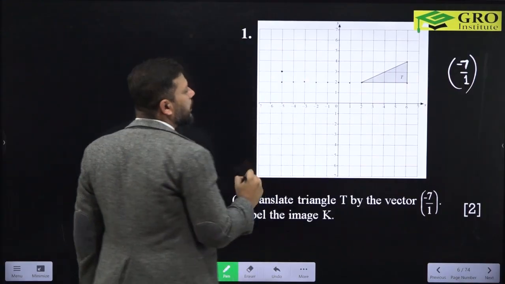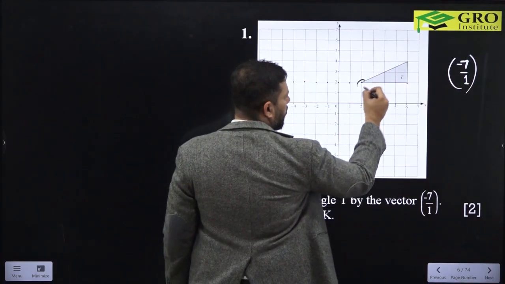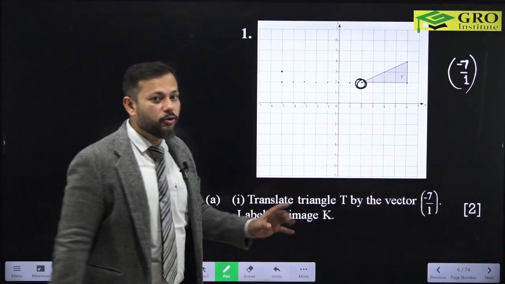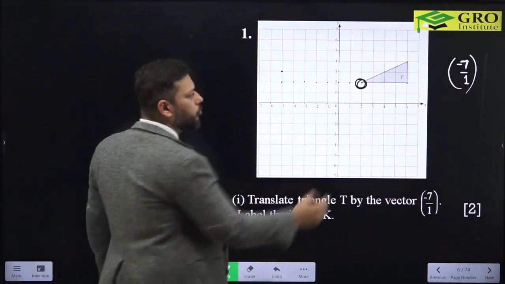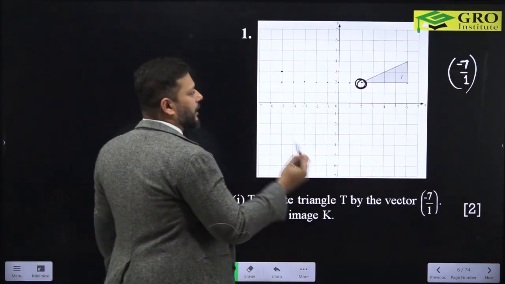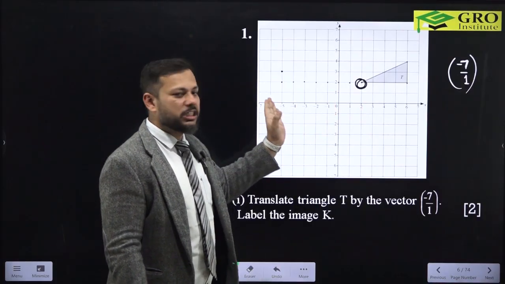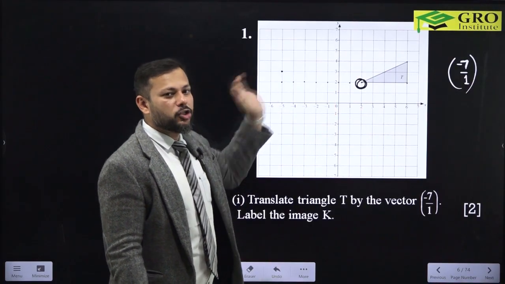So this is the new position of this vertex. I need to move this vertex from here till here. That is the translation of this vertex in the left direction 7 units and up direction 1 unit.